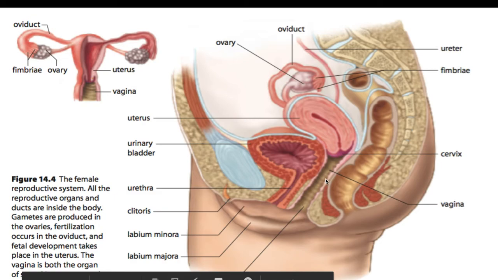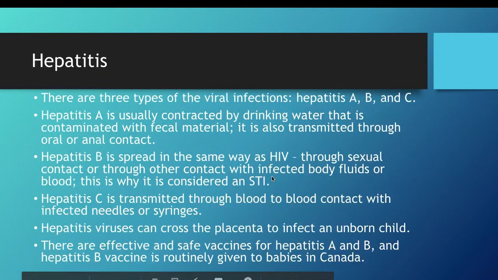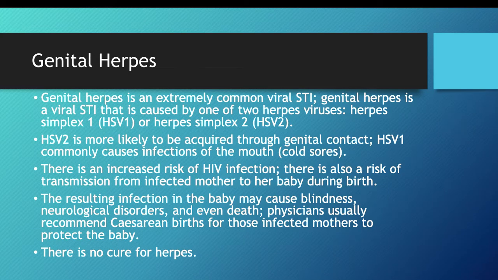So when the baby's coming out, they're going to pass over those sores, which can pass the herpes to the baby. If we have a C-section, you can avoid that completely, and the baby should be fine.